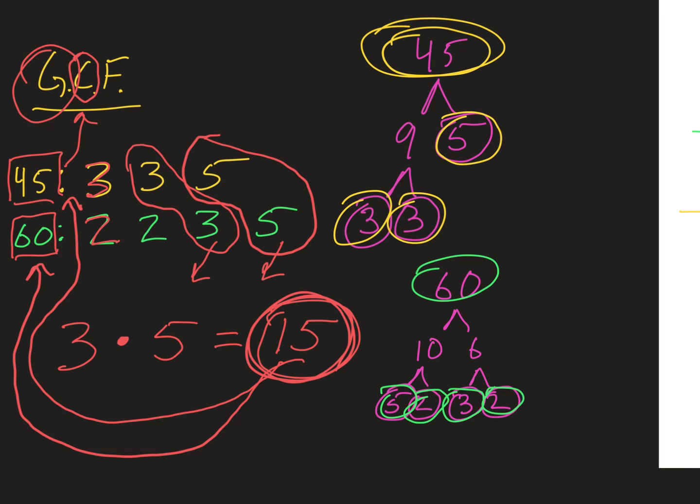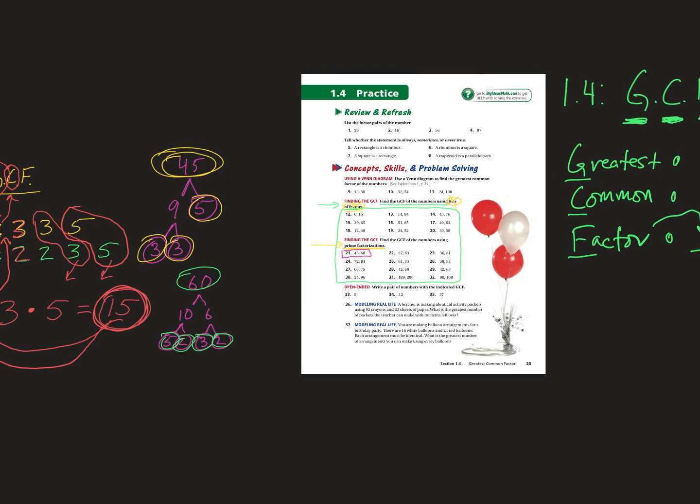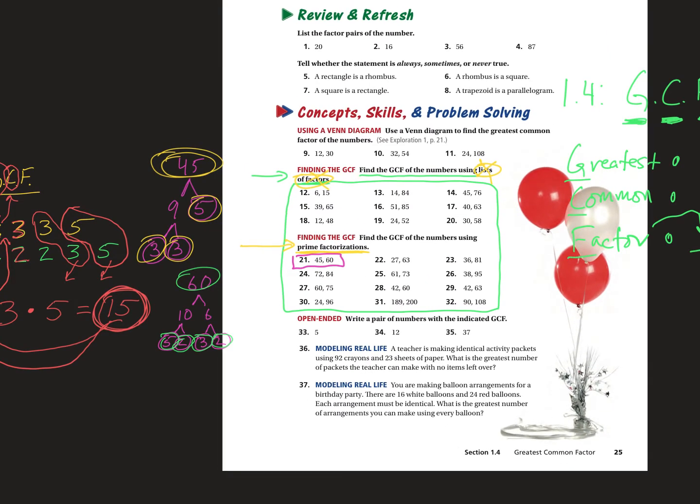But otherwise, that's the process for all of these numbers. So this is using prime factorization in order to find the GCF.